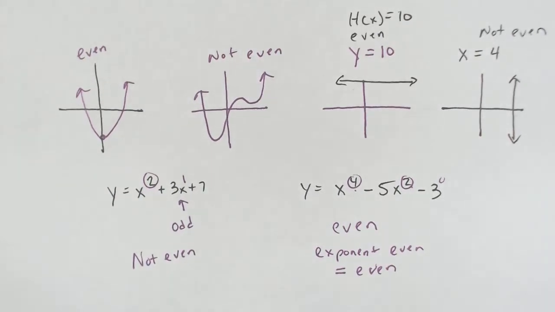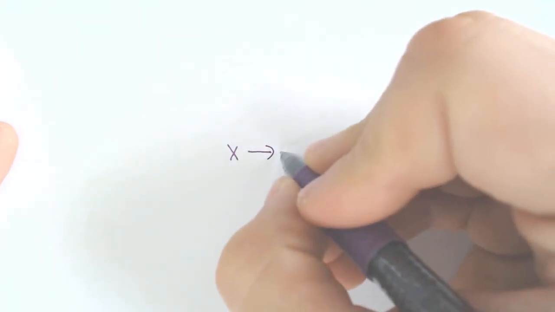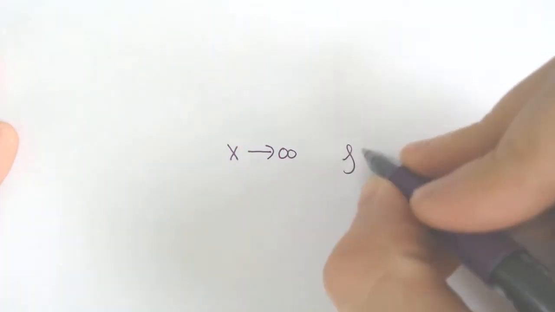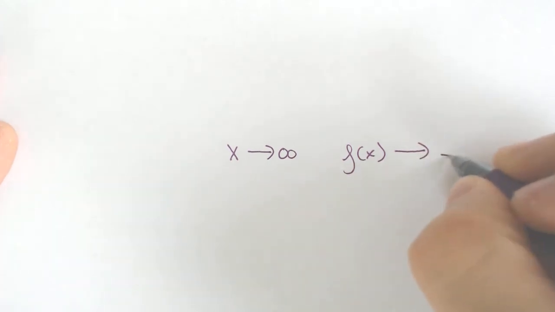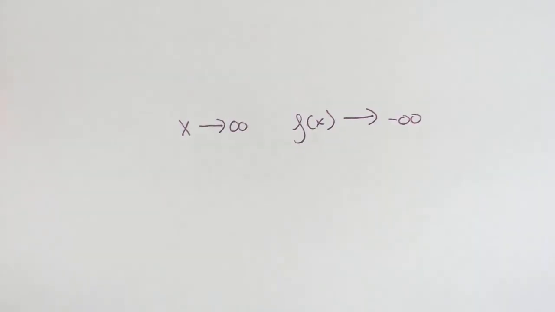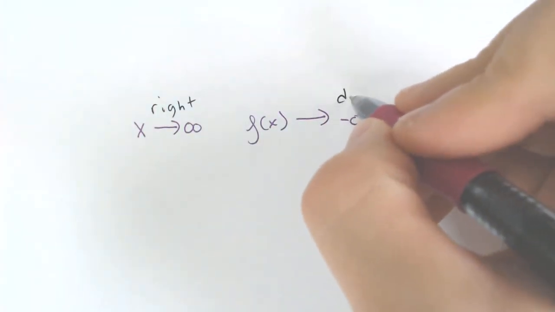Moving right along to end behavior. As x approaches, let's go with infinity, f of x is approaching negative infinity. That means that we are on the right side and we are going down.